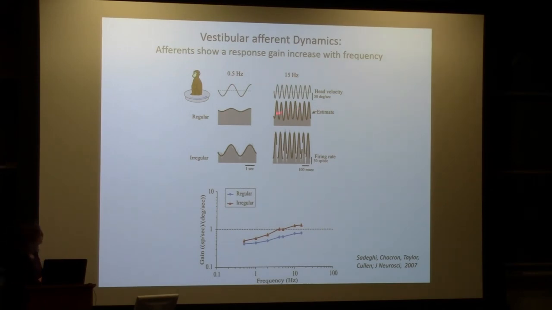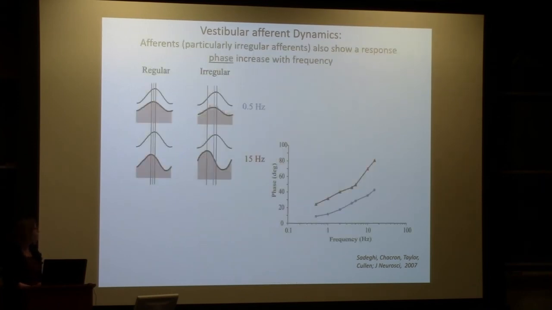And what you can see, though, for the same velocity input, as you increase the frequency, you get a lot more modulation, right? So that's gain. You can see here the gain of both the irregulars and the regulars increases as a function of frequency. And this is plotted over the range of head motion that we know is the physiological range. And then the same thing you can do looking at changes in phase.